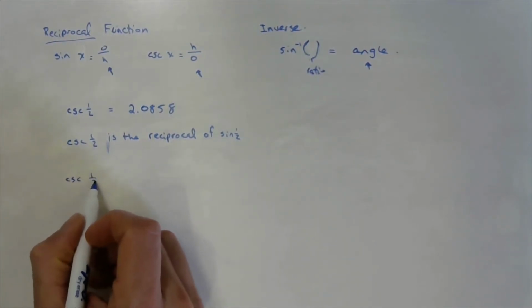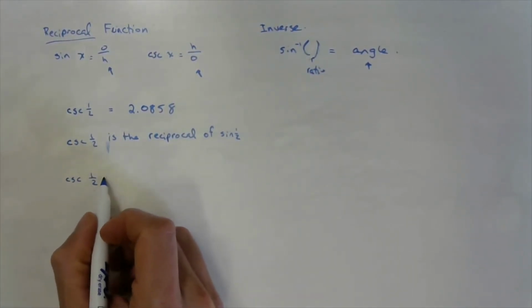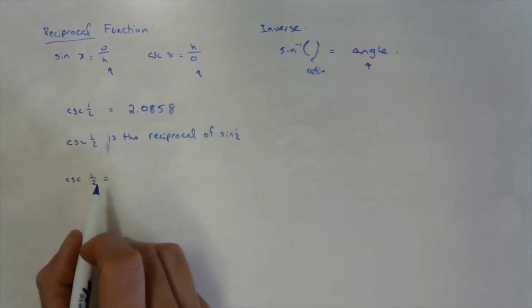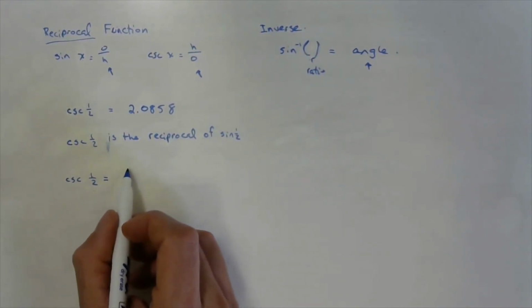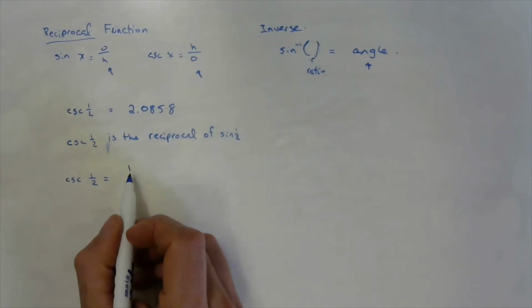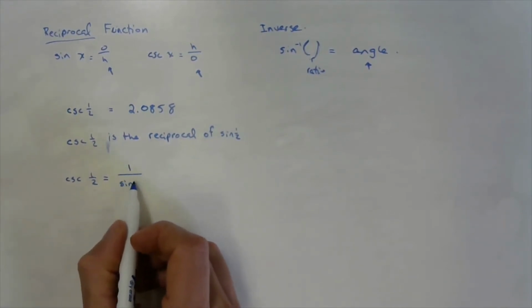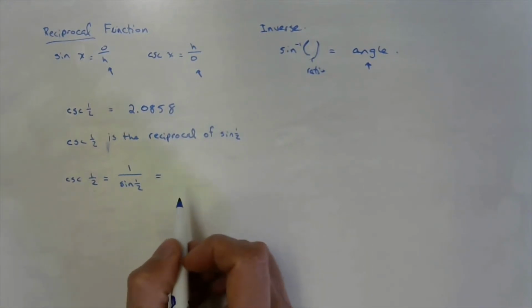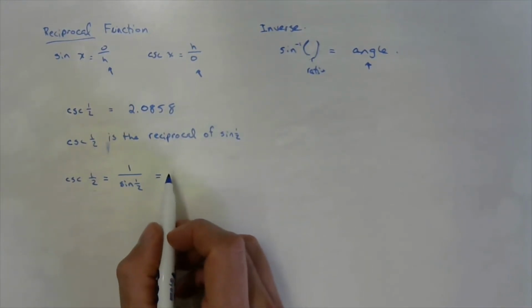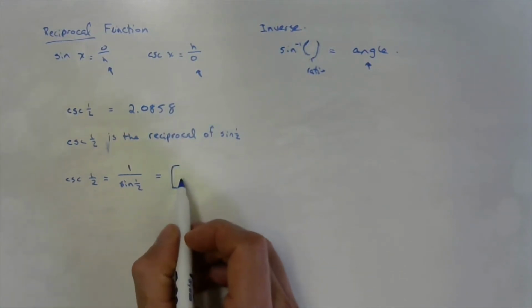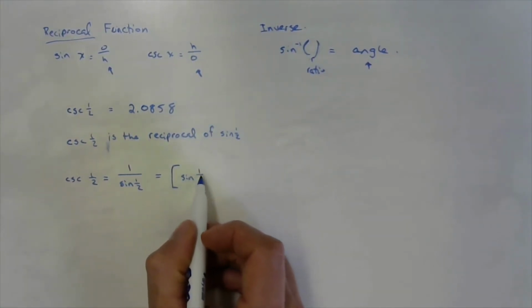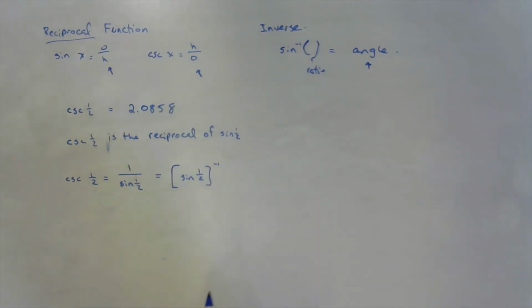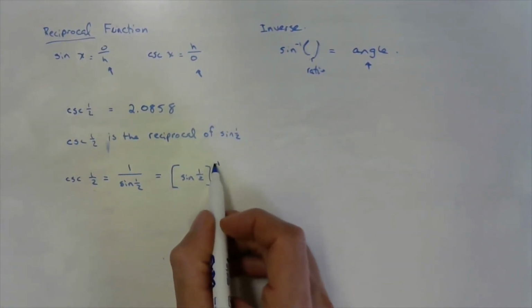So in that row, if you have the cosecant of 1/2 and you take the reciprocal of that, that basically just means that sine, then it would be 1 over the sine of 1/2. And if we were going to write this kind of in inverse notation, you could write it as taking the sine of 1/2 and the inverse of that.